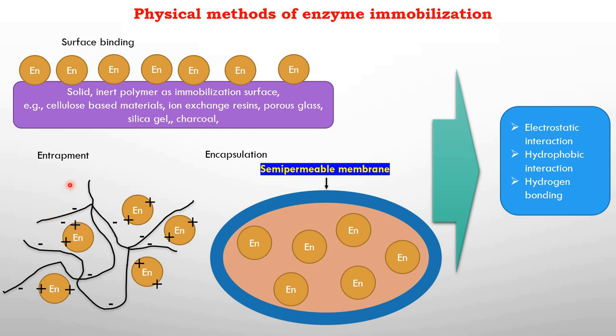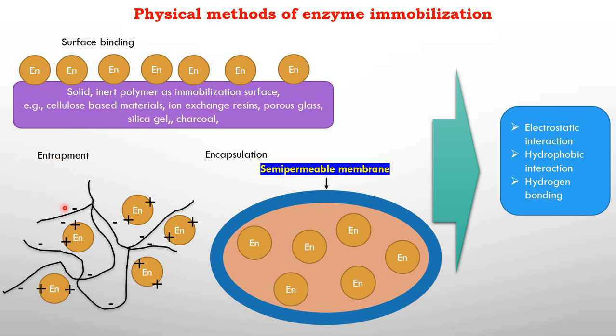In entrapment, the substratum actually engulfs the enzyme material without modifying its properties. It forms very weak interactions, which may be electrostatic interaction, hydrophobic interaction, or hydrogen bonding, without hampering the enzyme's property.